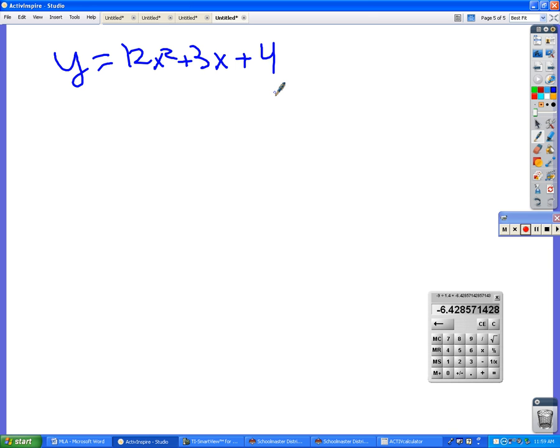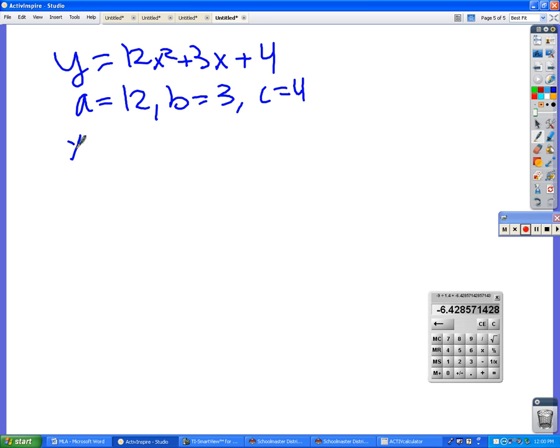Let's find the x-coordinate of the vertex of this one. First of all, I need to know a is not 12x squared. A is 12. A, B, and C are just the numbers, no x's. So A is 12, B is 3, and C is 4.